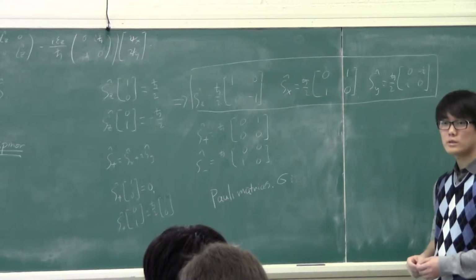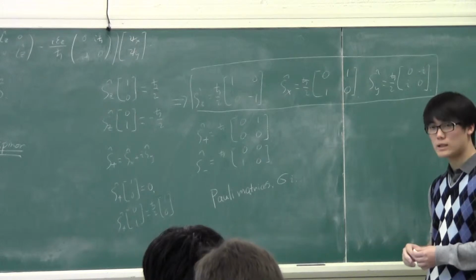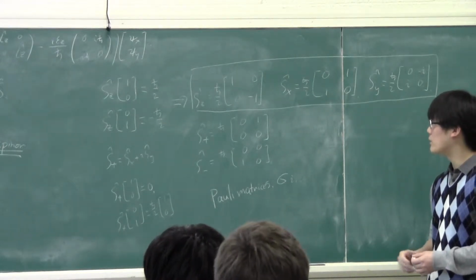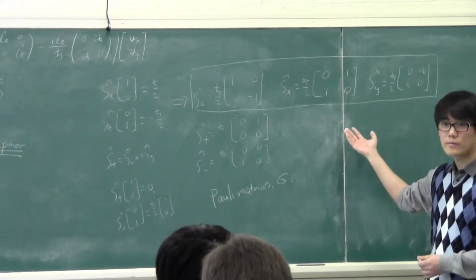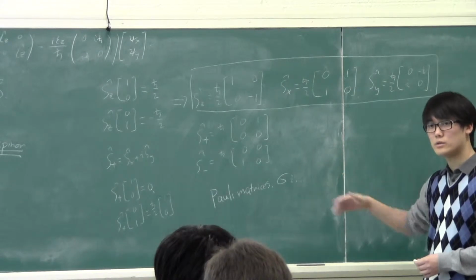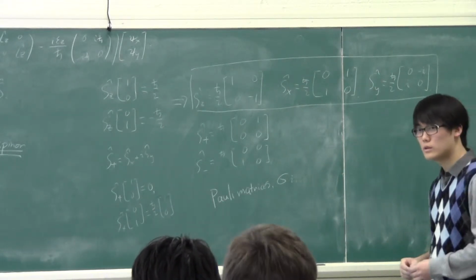And you can use the Pauli matrices to do any kind of 2-level system problem. Because any 2-level system becomes a 2x2 matrix, right? And the 2x2 matrix can be decomposed onto the Pauli matrices. You can prove this, and maybe I should let you prove this in the homework.